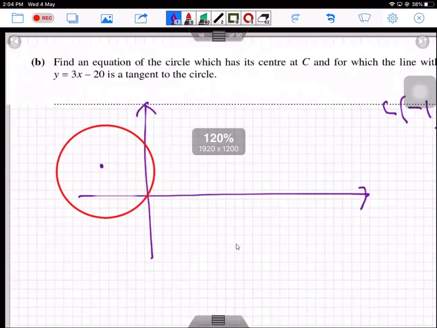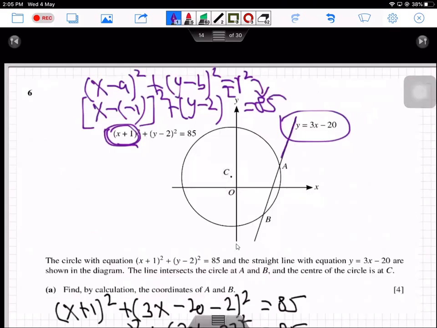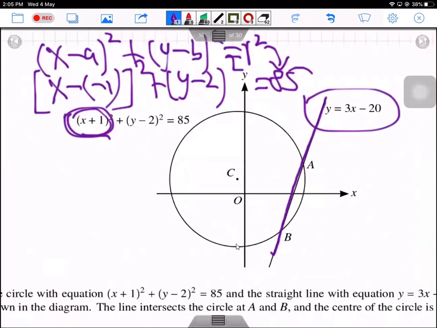Now the line is becoming the tangent to the circle, let's say at a point over here. And this line is y equals 3x minus 20. When this line is becoming a tangent to the circle.